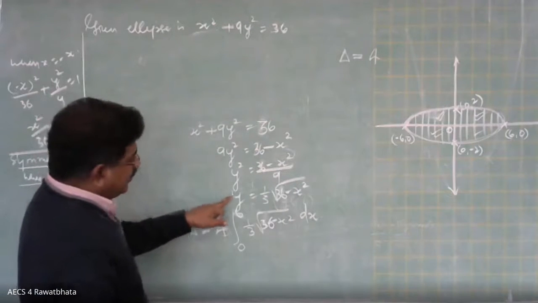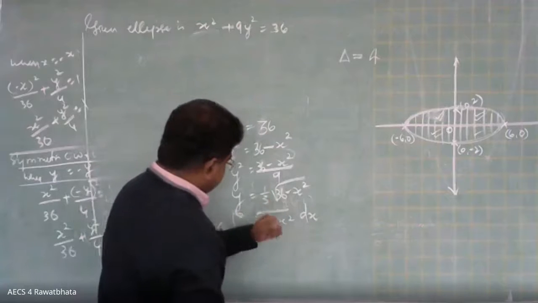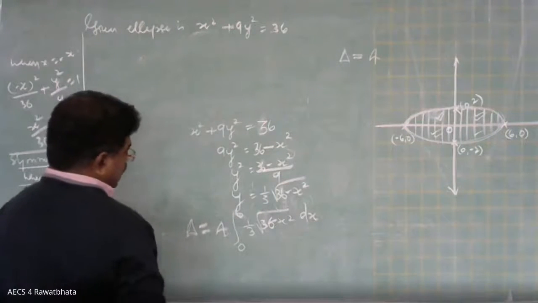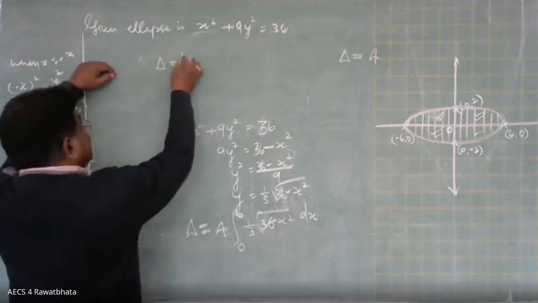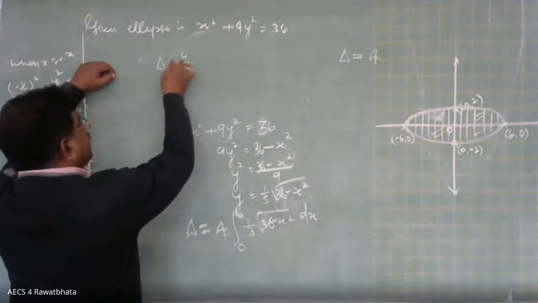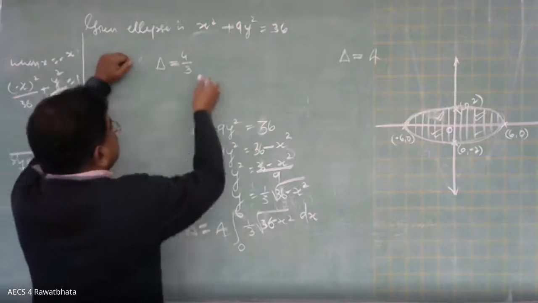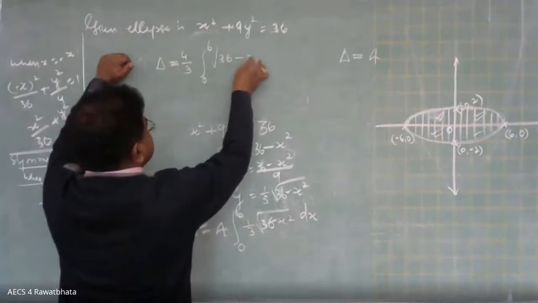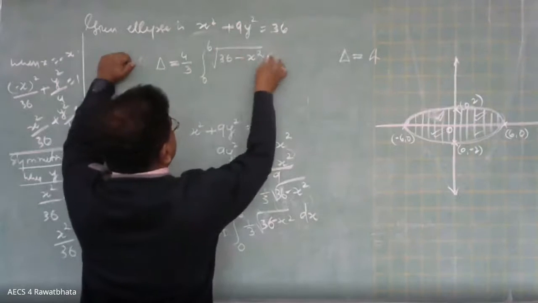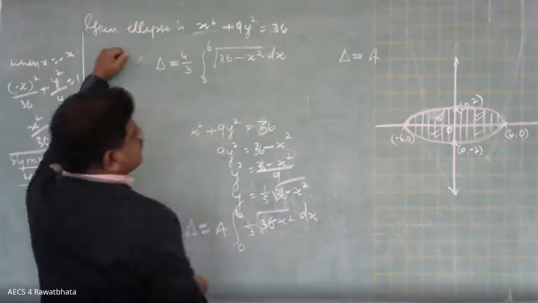While taking the root, 1 by 3 root of 36 minus x squared. So now the area is equal to 4 by 3 times the integral from 0 to 6 of root of 36 minus x squared dx.